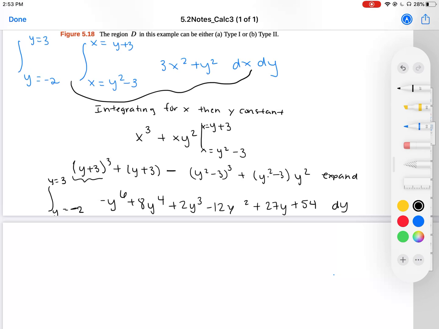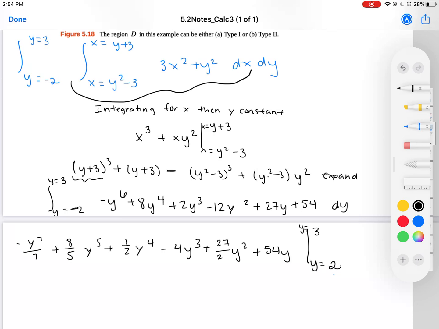All right, let's integrate so that we have negative y to the 7th power over 7 plus 8 over 5 y to the 5th power plus 1 half y to the 4th power minus 4y cubed plus 27 over 2 y squared plus 54y, and we're working with bounds of y is equal to 3 and y is equal to negative 2.